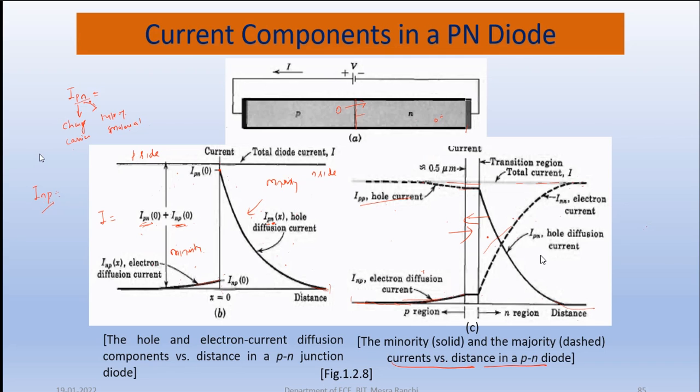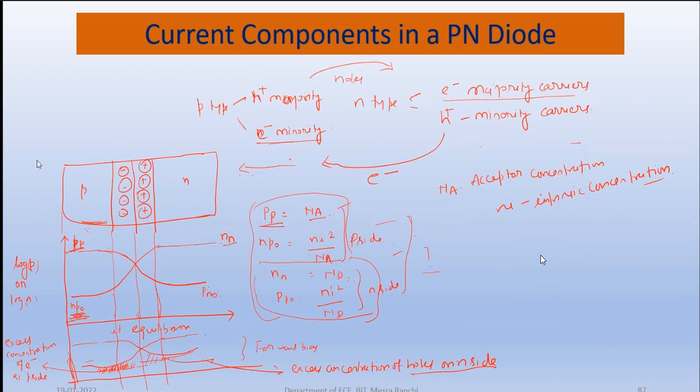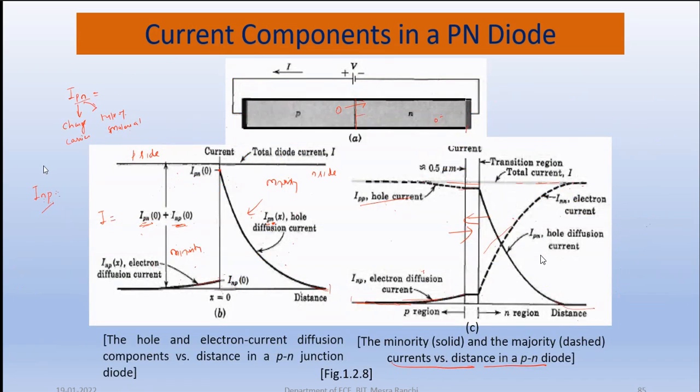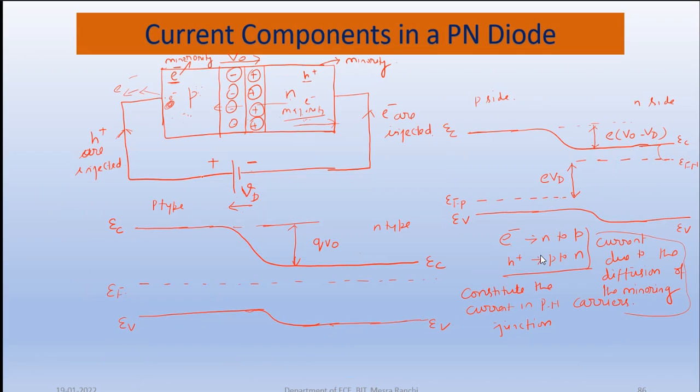I just want to show you, I'll come to this diagram. So let us start from the basics that we discussed. This is basically a p-type material. This is an n-type material, and when you make a p-n junction, this is basically the depletion region, right?